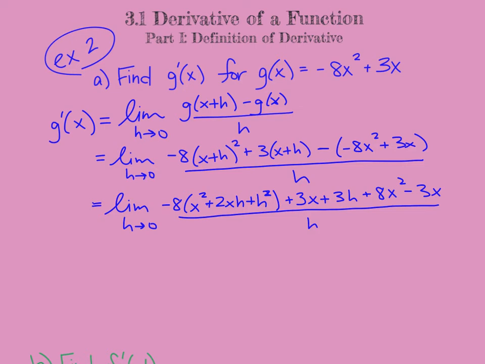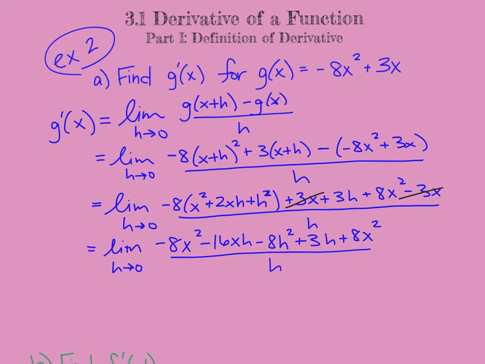It does look like stuff's already canceling, so I'm just going to make this easy on us and see that this plus 3x and this minus 3x will cancel. You don't have to cancel until you're done distributing, but if it makes it easier for you, go ahead. Just be careful. All right, I'm going to distribute the negative 8 through. So we'll have minus 16xh minus 8h squared, and then plus 3h plus 8x squared all over h.